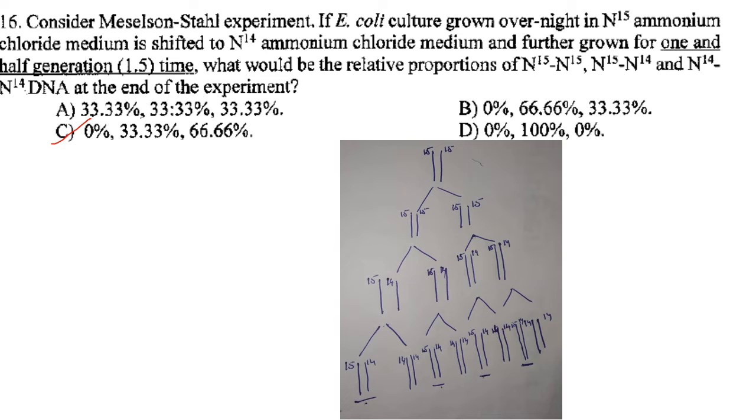The next one. Consider the Meselson-Stahl experiment. If E. coli cultures grown overnight in N15 ammonium chloride medium are shifted to N14 ammonium chloride medium and further grown for 1.5 generation time, what would be the relative proportions of N15-N15, N15-N14, N14-N14 DNA at the end of the experiment?